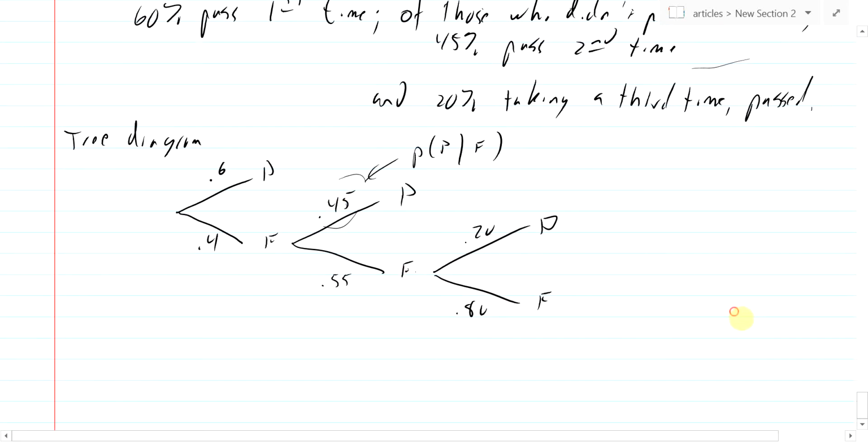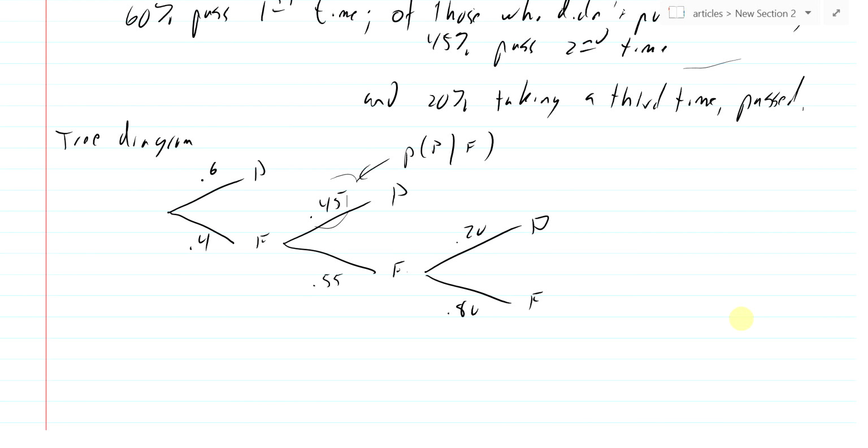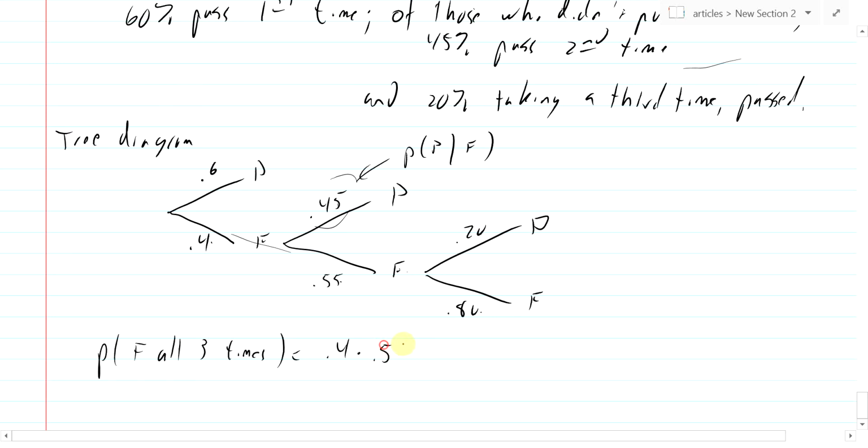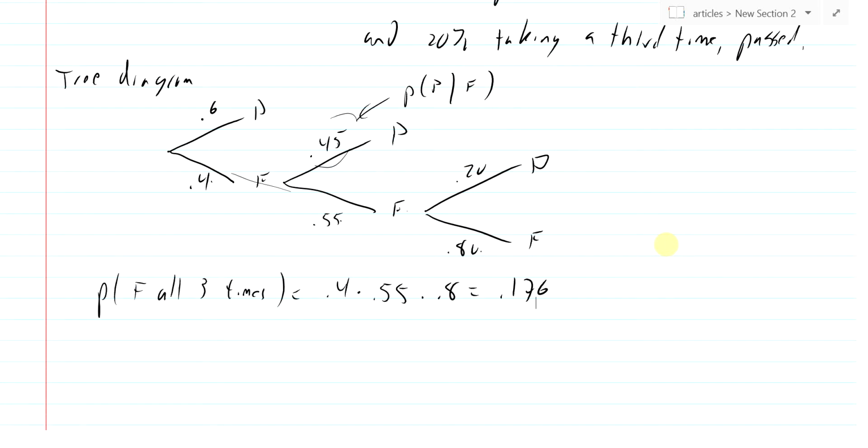You know, and we can ask questions. What's the probability of failing all 3 times? Well, 0.4 times 0.55 times 0.8. This branch is failing all 3 times. And if you multiply that out, you get 0.176. What's the probability that someone passes on the second try?